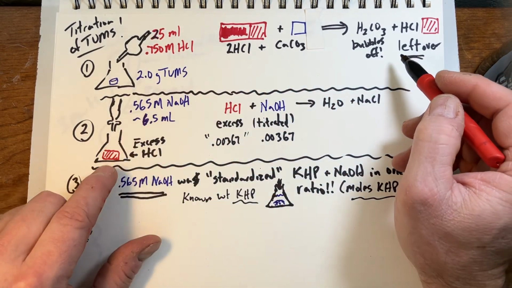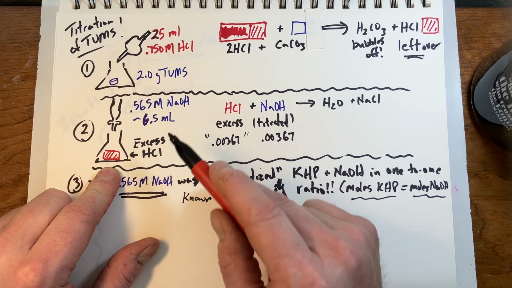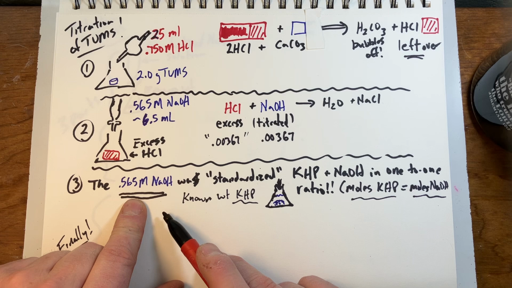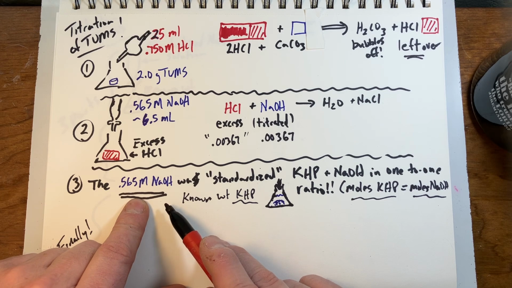Then we take that excess HCl and titrate it with our standardized NaOH solution, which we had made using KHP. You always have to, again, standardize solutions that have set for a while, and we are going to do that for this lab. And we did.